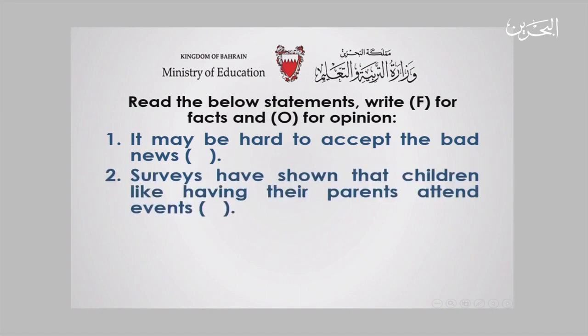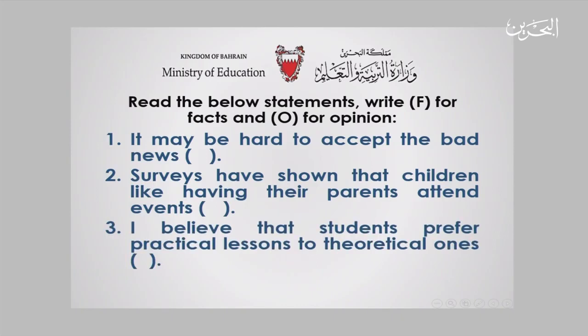Number 2, surveys have shown that children like having their parents attend events. Number 3, I believe that students prefer practical lessons to theoretical ones. I'll give you a minute, think about them, and write either O or F.